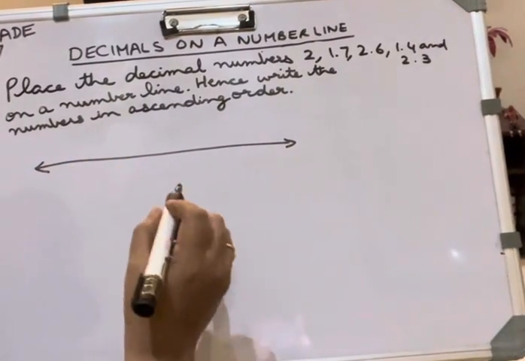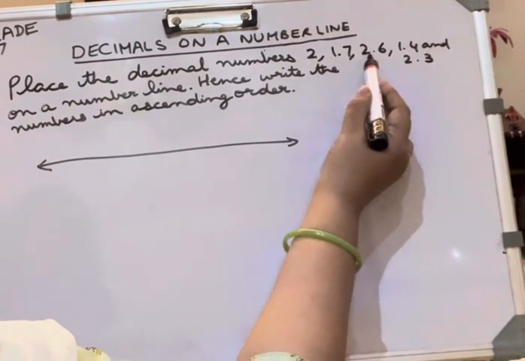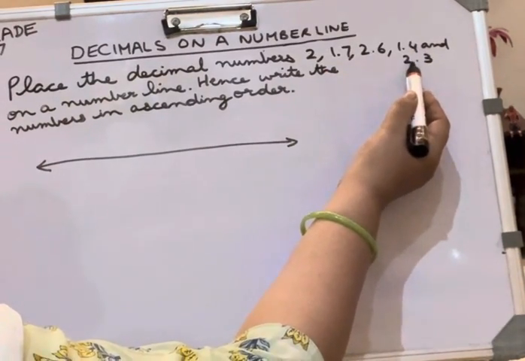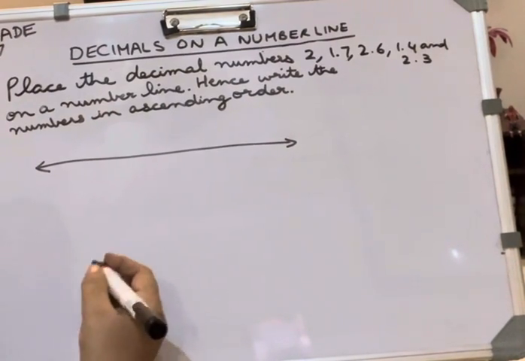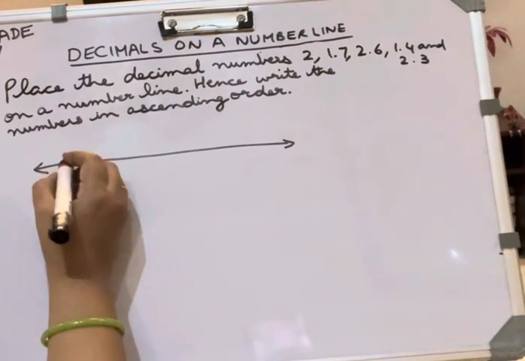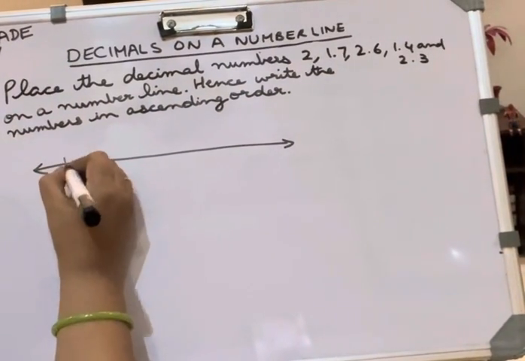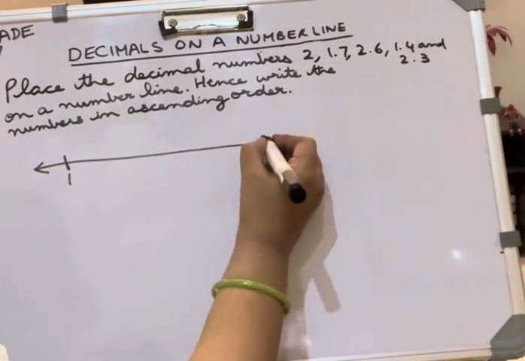Now what do we observe? The range of these numbers 1.7, 2.6, 1.4 and 2.3 is confined between 1 and 3. So we need not include other numbers.